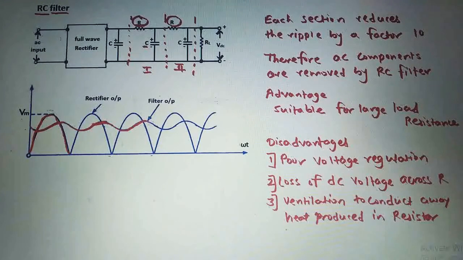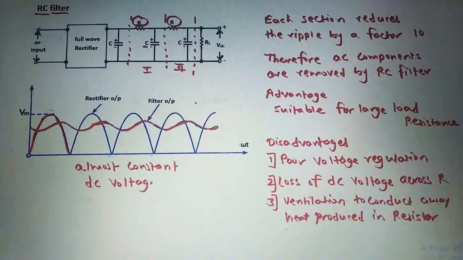That means the AC components are reduced here, and this filter output gives almost a constant DC voltage.